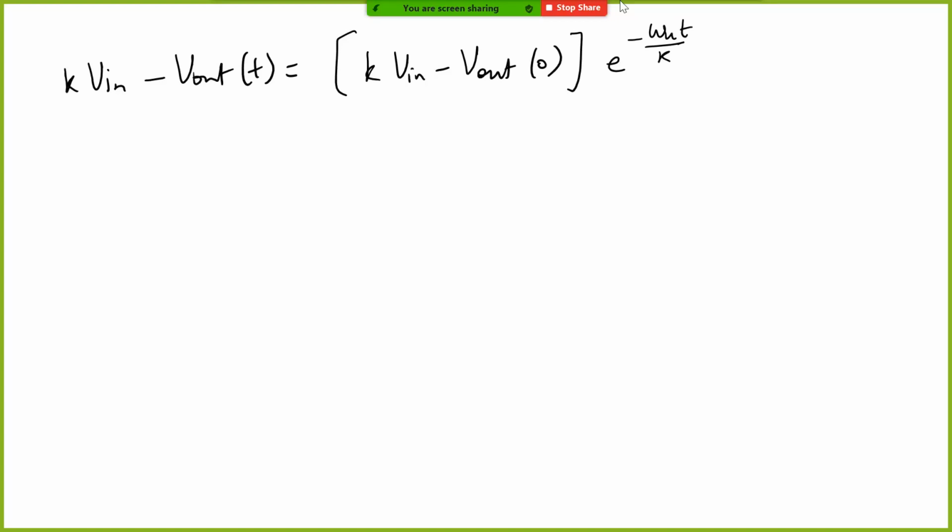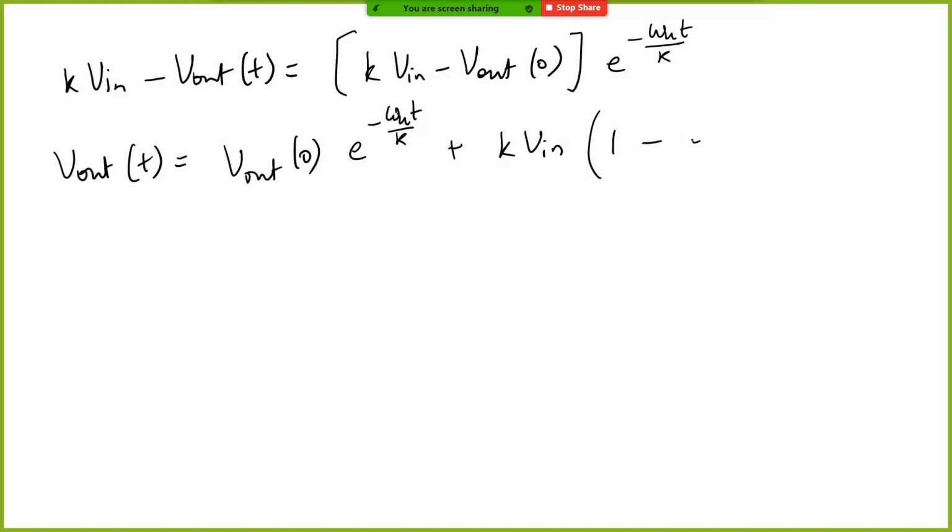V out of t can be written as, there are two terms here: V out of 0 e to the power of minus omega u t by K, plus K times V in, 1 minus e to the power of minus omega u t by K.